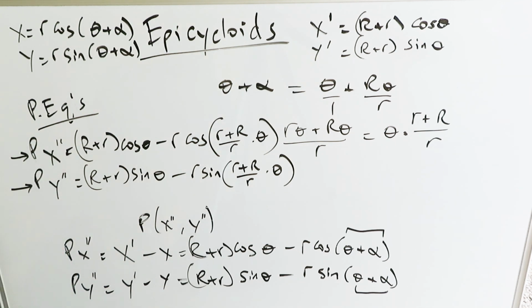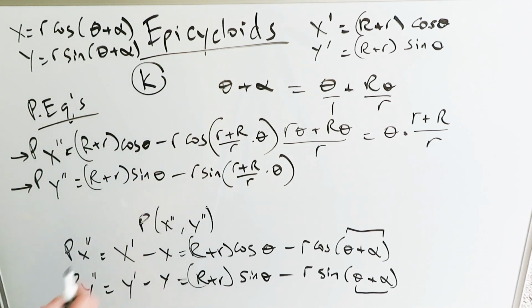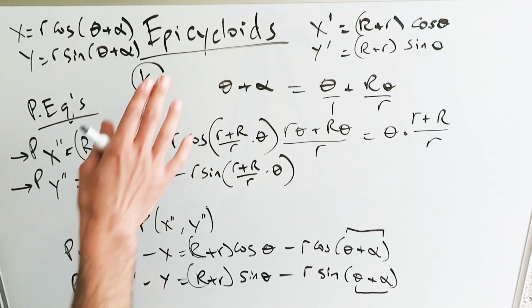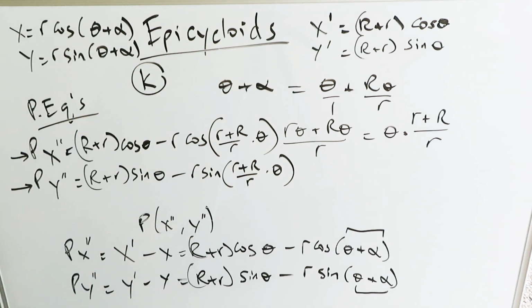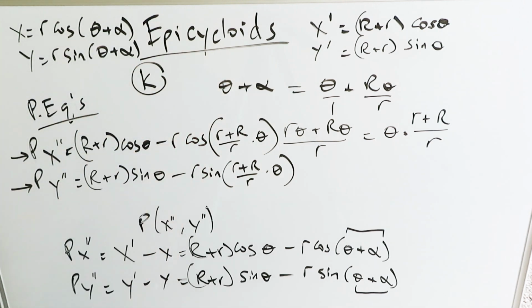The x and the y value of that point P which traces the cusps of the epicycloid based on the k value. Whatever the k value is, that's the number of cusps that will develop, and it'll give you your epicycloid. Remember, the epicycloid develops as the smaller circle traces along the circle's circumference, but on the outside versus the inside of that larger circle.